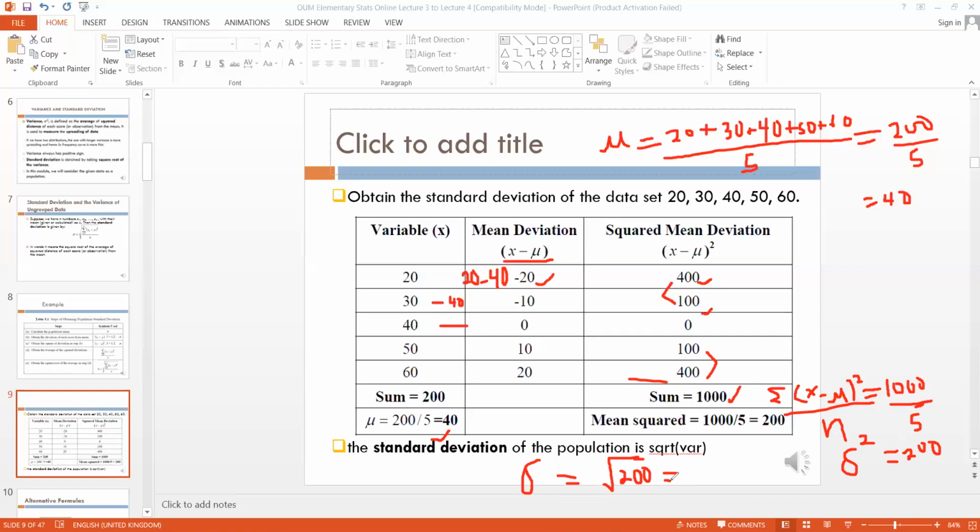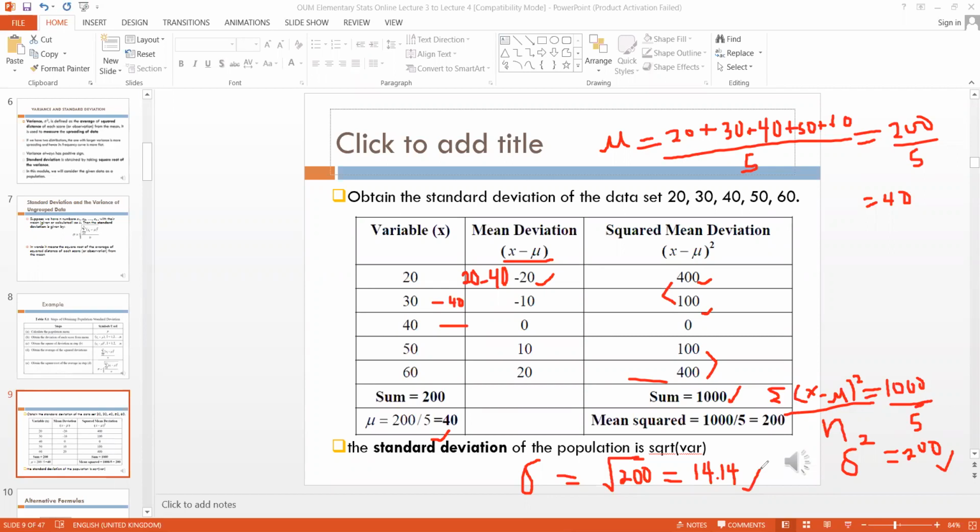We get 14.14. So our variance is 200 and our standard deviation is 14.14.